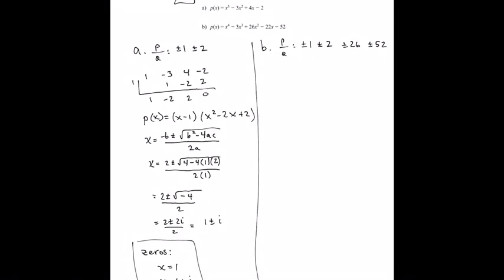Okay. From this list, start testing using synthetic division to get a remainder of 0. There aren't any missing terms in the polynomial.